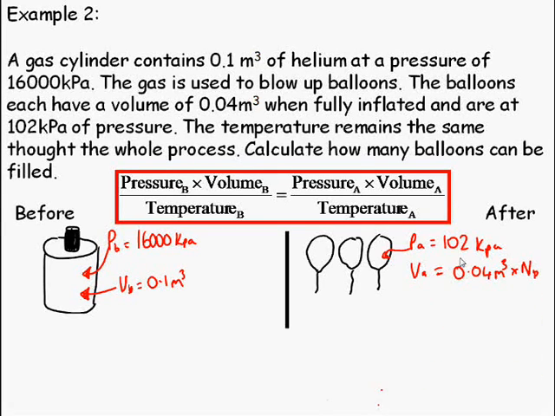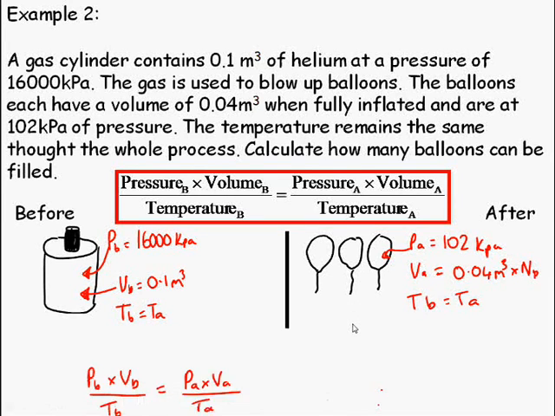The balloons are at a pressure of 102 kilopascals with a volume of 0.04 meters cubed each. So I'd have to multiply that by the number of balloons to get the total volume. So if there's 1,000 balloons, it will be 1,000 times this number, but I don't know how many balloons there are yet. It tells me that the temperatures were the same, so temperature before is equal to temperature after. Okay, so I've got all the figures I need now.